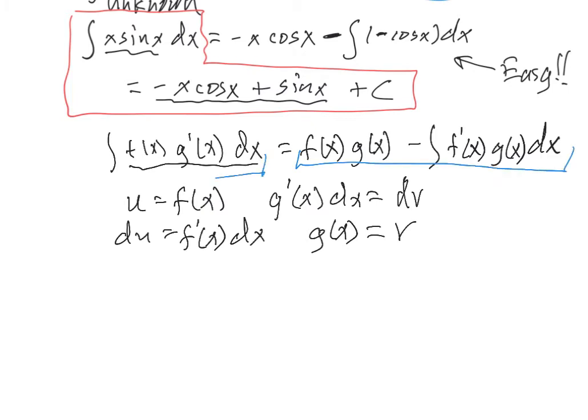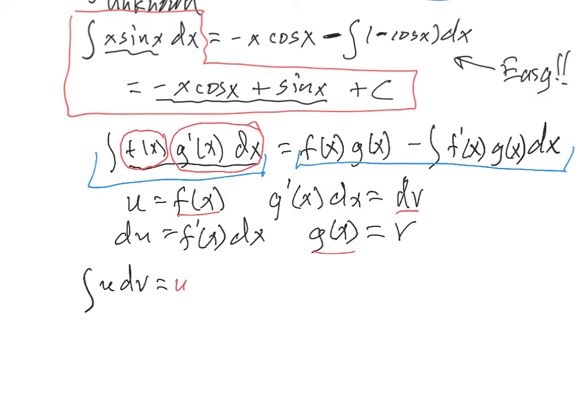So let's write the whole thing. On the left-hand side, I get the integral of u dv. This is u. This is dv, you can see. Equals, well, f times g is just u times v.